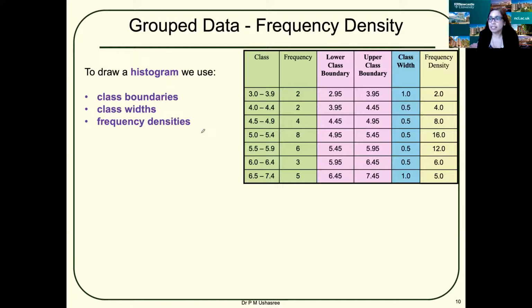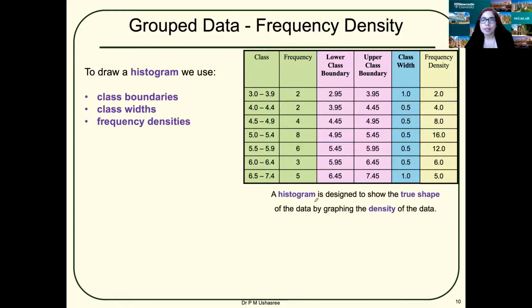Now let's see how to construct a histogram. Before that, let me tell you something. A histogram is designed to show the true shape of the data by graphing the density of the data.